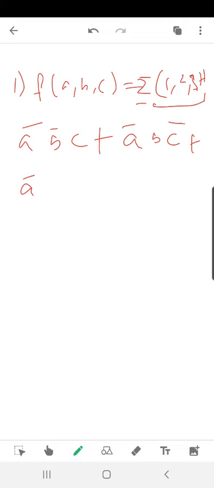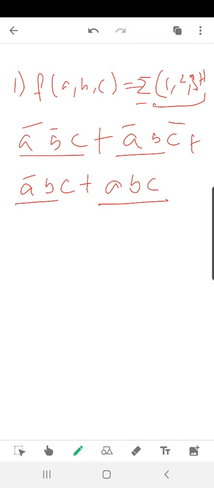So it will become a bar, b, c. Then it is 7. 7 is written as 1 1 1. So it will be written as a, b, c. Okay, so when we talk about this, we know that the output of the decoder also represents these expressions. This is represented by our output y1, this is represented by y2, this is y3, and this is y7.